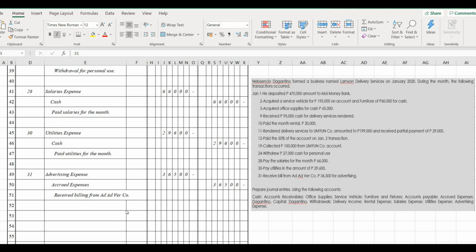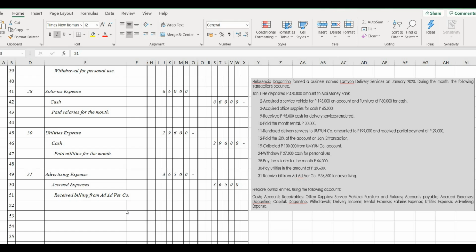So that's it, no? So for journal entries, recording transactions in a formal journal entry, all you have to remember is you have to observe the proper formatting of your journal entry.